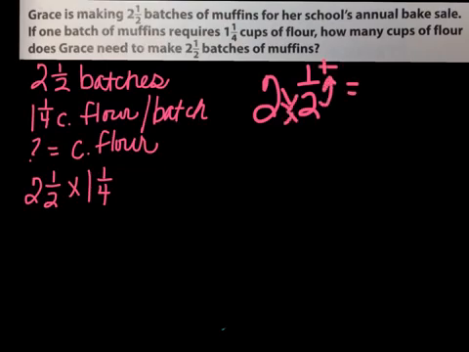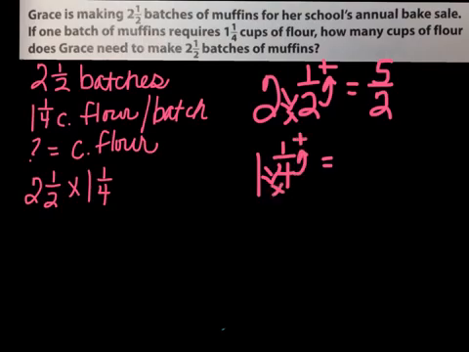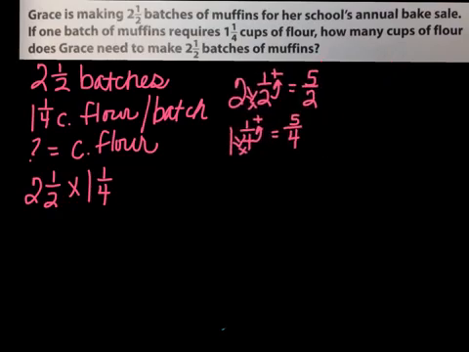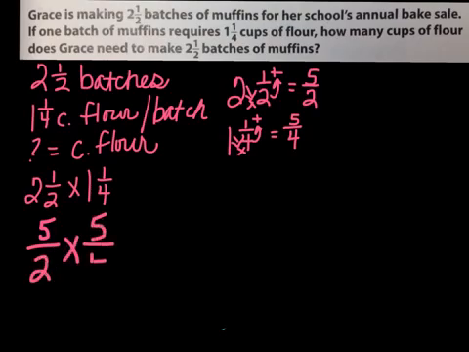So 2 times 2 is 4, plus 1 makes 5, all over the same denominator, so over 2. And then we need to do the same thing with 1 1/4. So whole number times denominator plus numerator. So 1 times 4 is 4, plus 1 makes 5, and that's all over the same denominator of 4. So now my problem becomes 5 over 2 times 5 over 4.